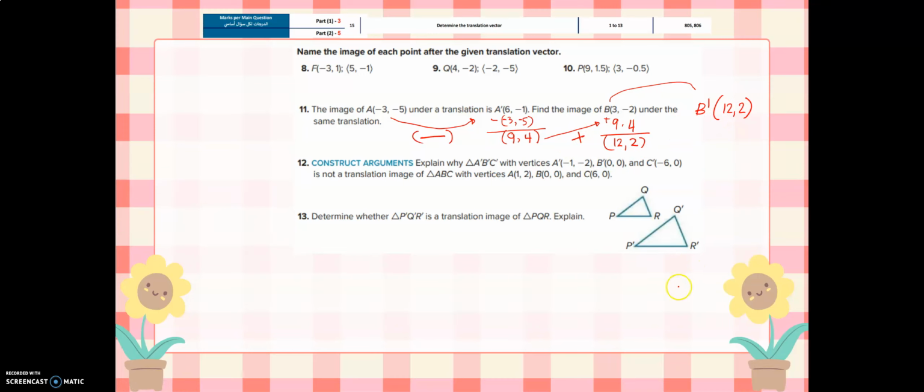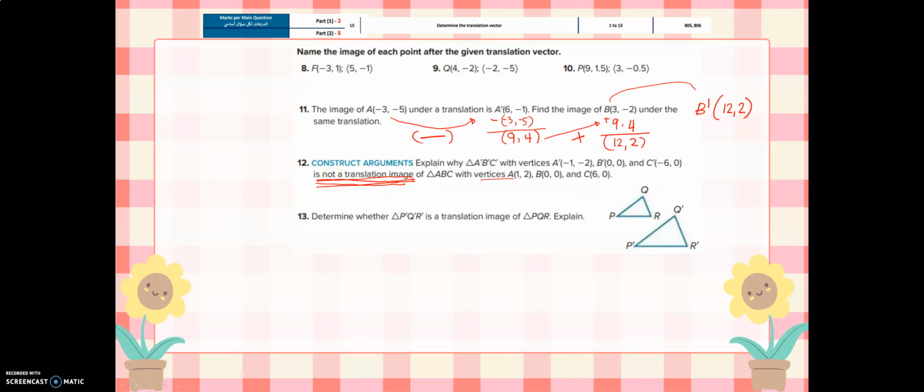And then for number 12, we have here: explain why triangle A'B'C' with vertices A'(-1, -2), B'(0, 0), and C'(-6, 0) is not a translation image of triangle ABC with vertices as given this way. Okay, so our clue or our keyword here is not a translation of an image.